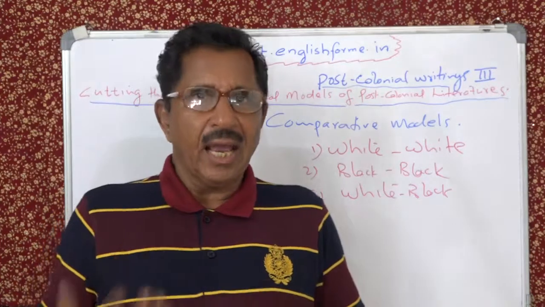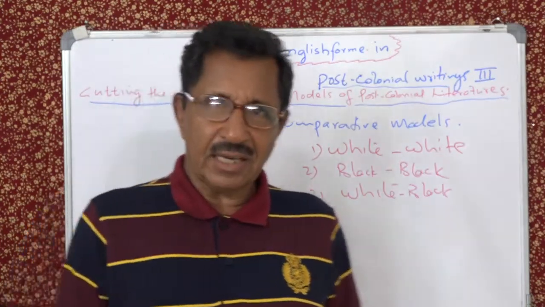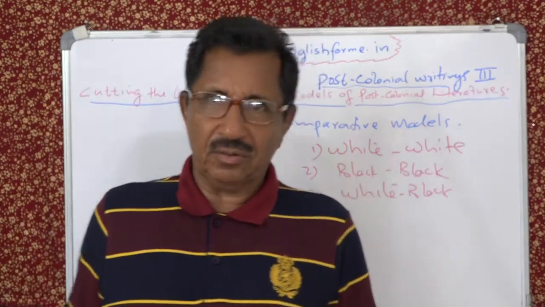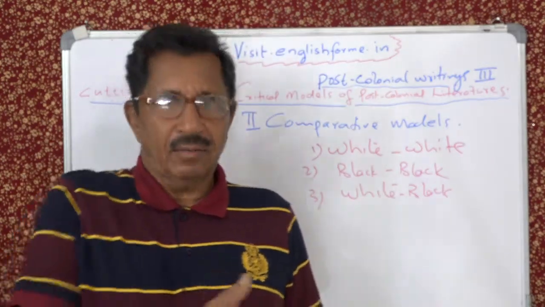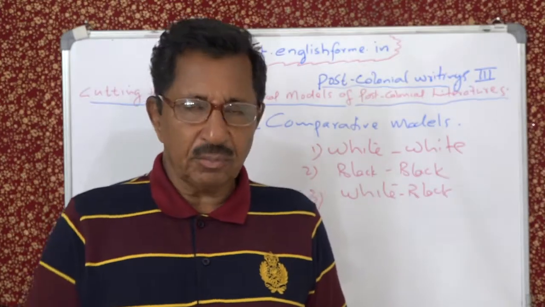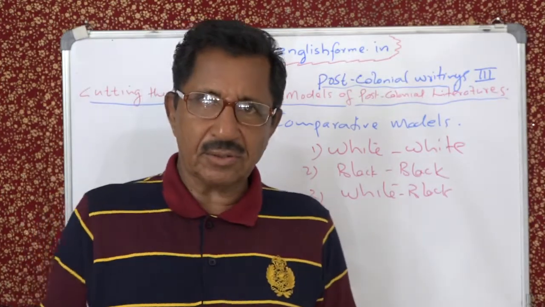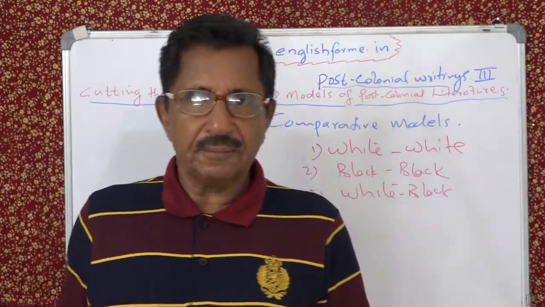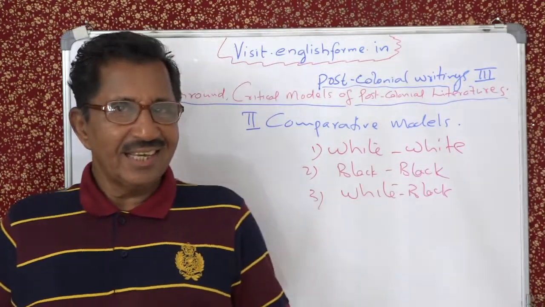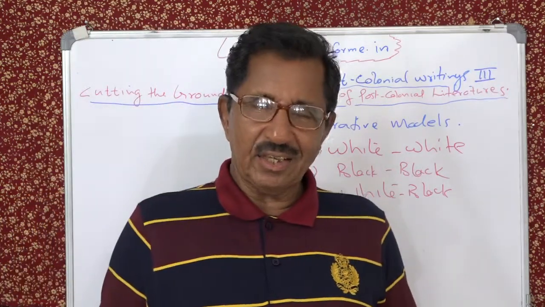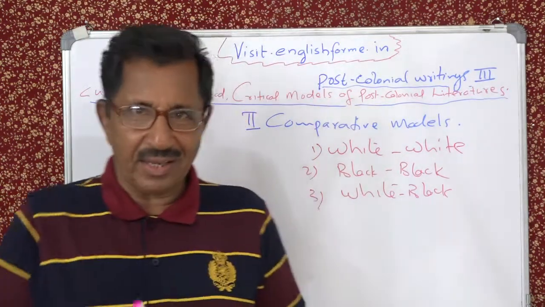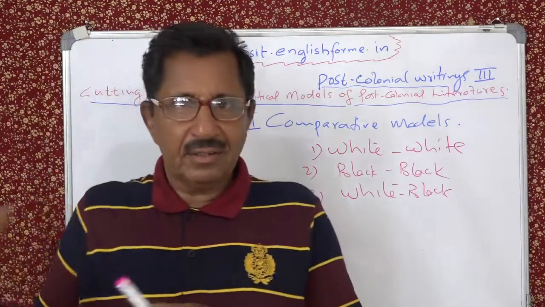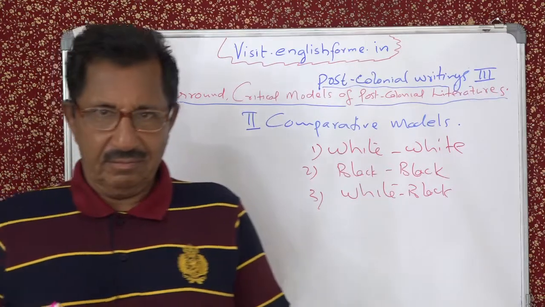For example, Nigeria, then Kenya, South Africa, and so on. With the other diasporas or black diaspora, say the West Indies, South Pacific, or you can also take into consideration the black writings in the USA. So that is black. Now, white-black, you can say Canadian with the Nigerian.